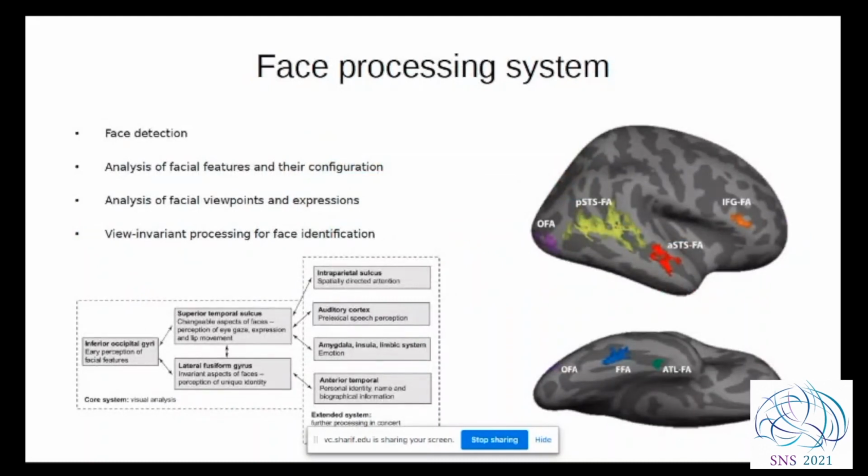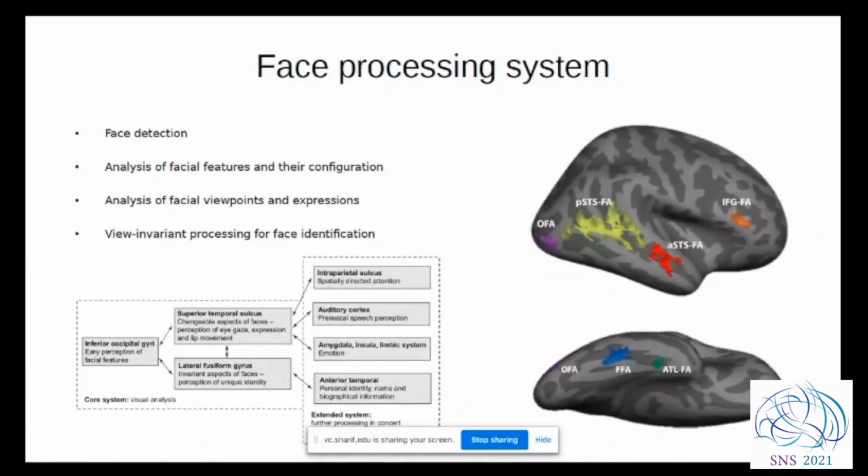Face processing in the brain is carried out by a network of cortical areas. Classically, these areas are classified into two groups. One group is called the core network of face processing, which includes regions in ventral occipitotemporal cortex: the occipital face area, fusiform face area, and posterior STS face area.